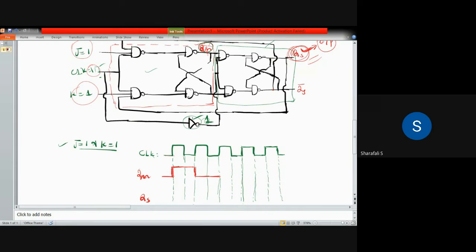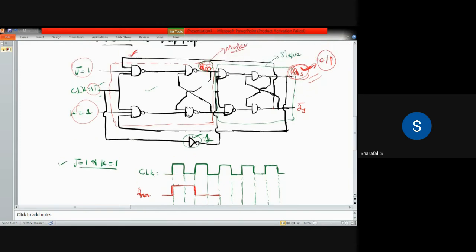Okay? And QM will not be having any such kind of toggling effect, because your QM has to get the output from this QS and QS bar. Okay, since there is no change in the output, it will not toggle this time, because even though the clock is 1 here, even though J equal to 1 and K equal to 1, your output is still the same.